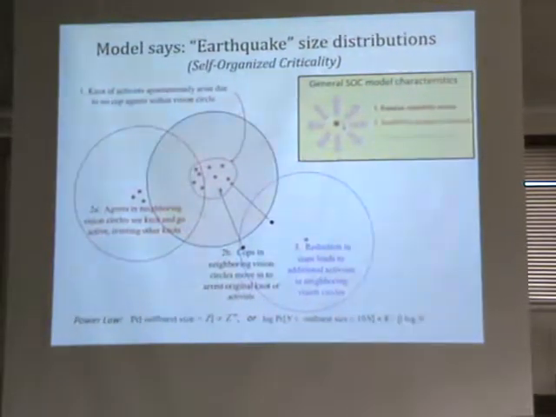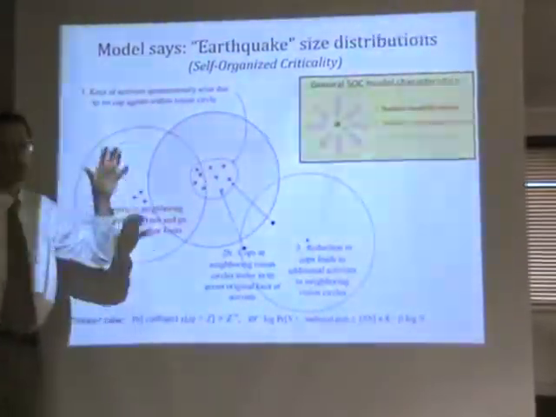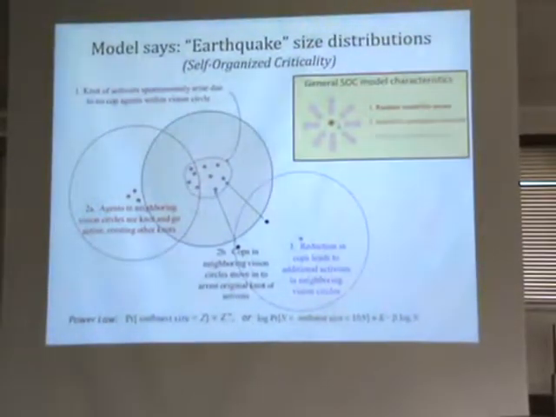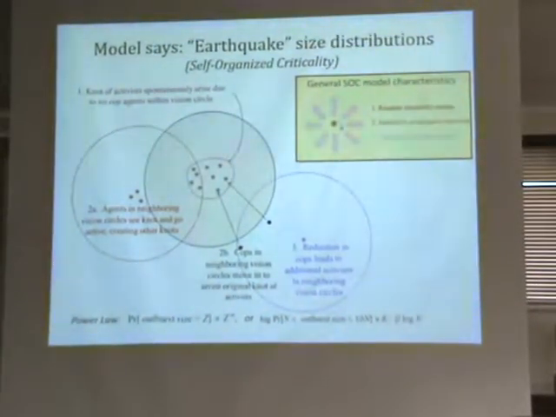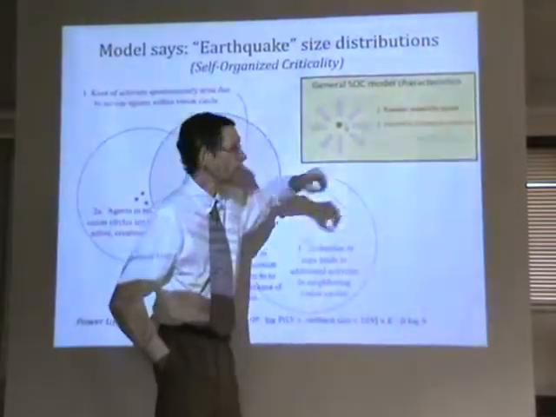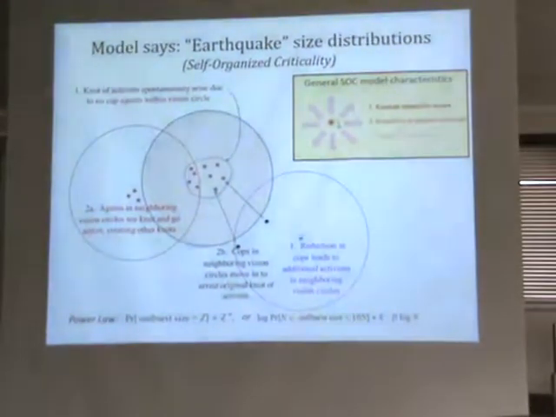And as I said, there are many models like this, and they have the same characteristics. What happens in such models is you get some random instability. Something random happens that throws the system off equilibrium, and then that instability propagates outwards. And once the instability propagates outwards, the system relaxes. Think about the sand pile.